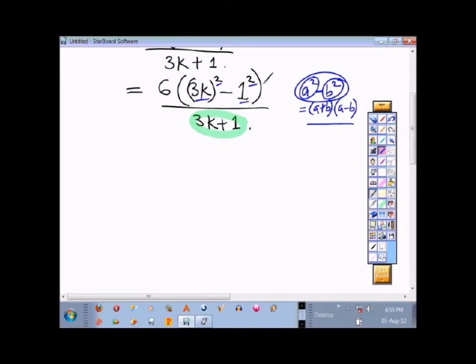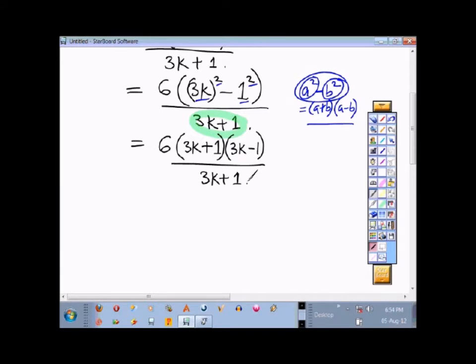So our next statement reads 6 into 3k, that's our a, plus b, into a minus b, bracket closed, and this is over 3k plus 1.